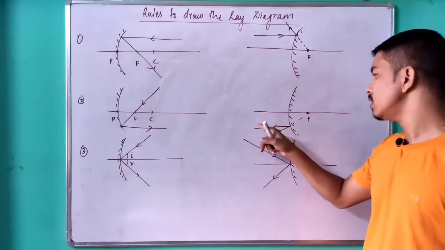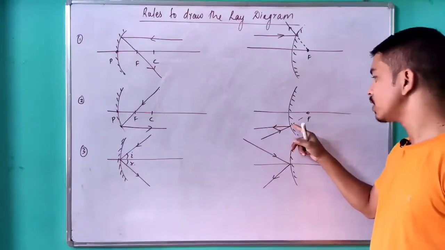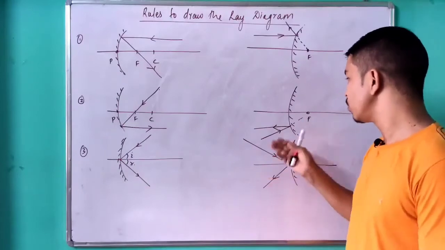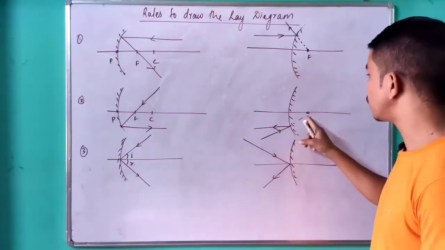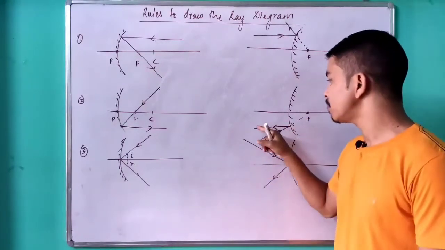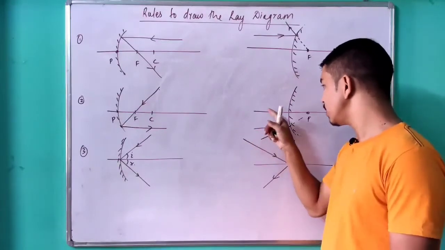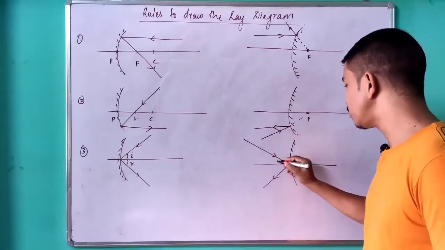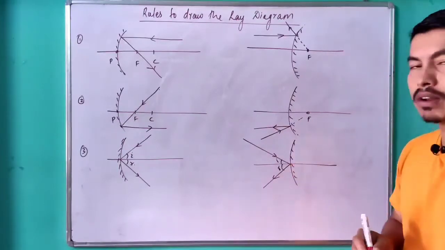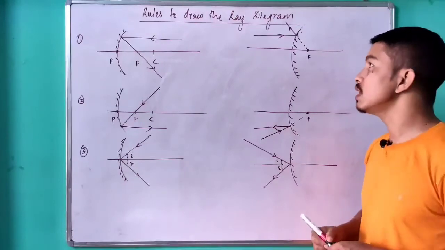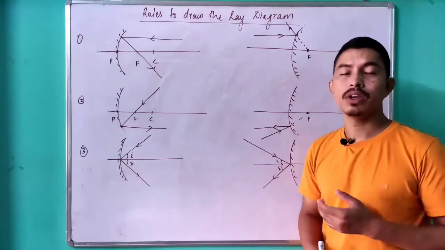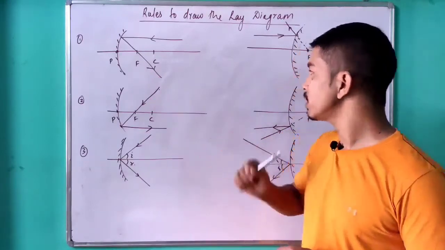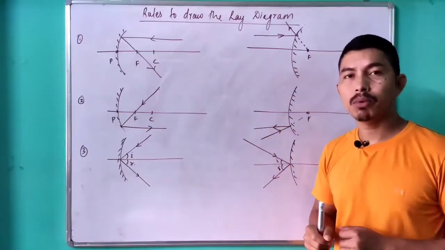Oh no, sorry, the second one is, if any ray is going towards the focus, it will get reflected parallel to the principal axis. And the third one is, if it is incident at the pole, the angle of incidence will be equal to the angle of reflection. So following these 6 rules, you can draw the formation of image by a concave and a convex mirror for any position of the object.